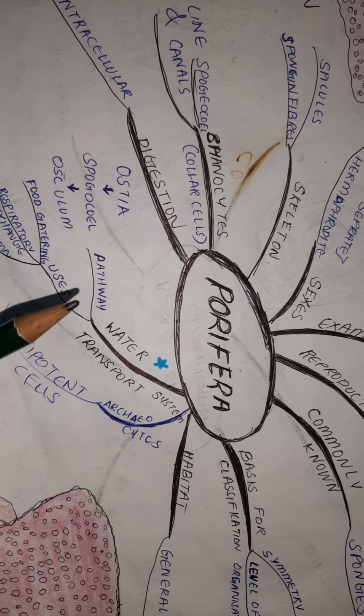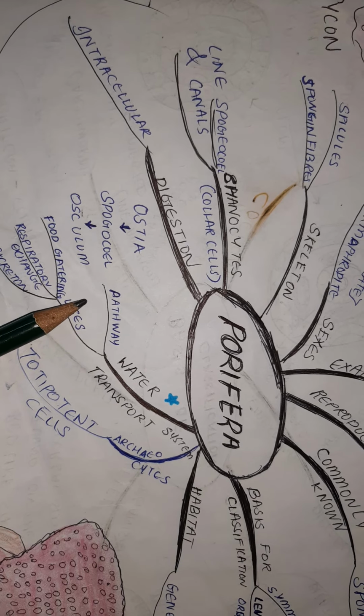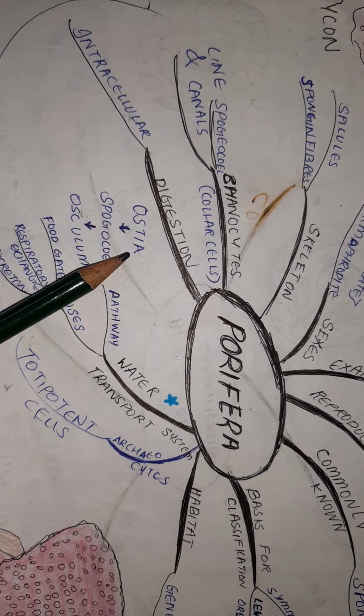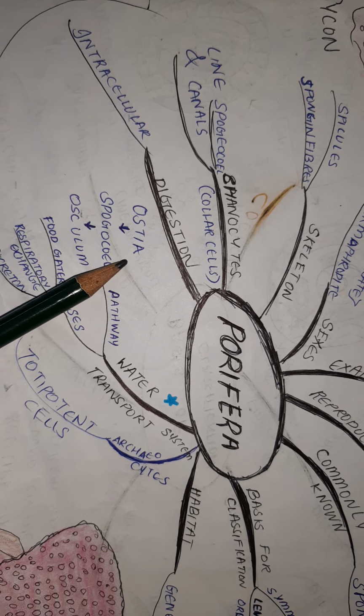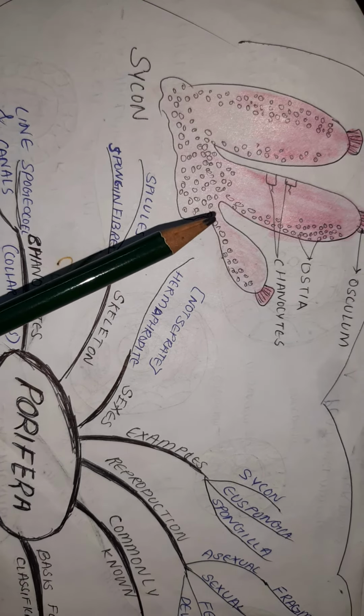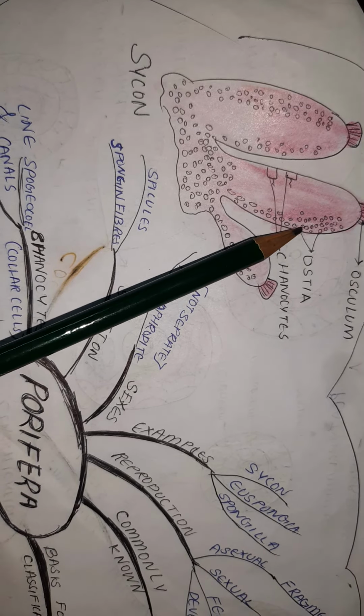This is actually a pathway starting from ostia. Ostia are the tiny pores which you see on a sponge's body. For example, when we see the body of a Scypha, the tiny spots which you find on the body are known as ostia.